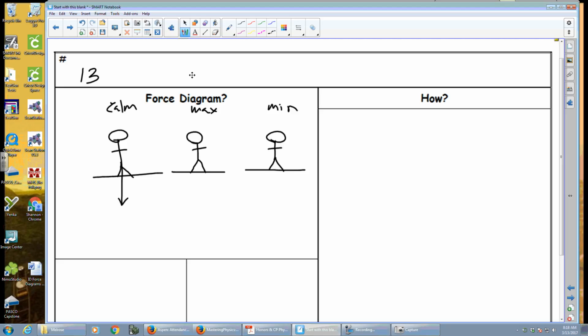All the time he has the same weight on him. All the time he has a normal force. What would happen if he didn't have a normal force? He'd be experiencing weightlessness.